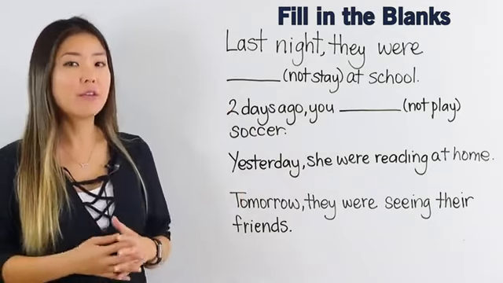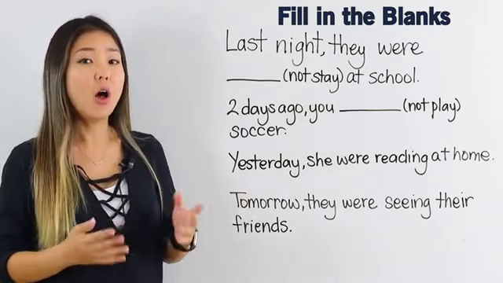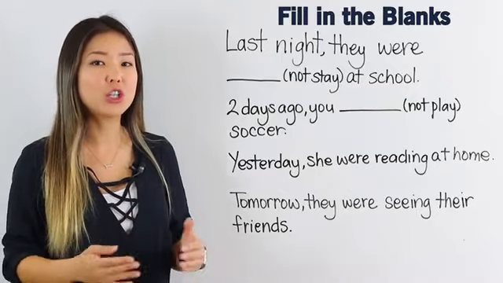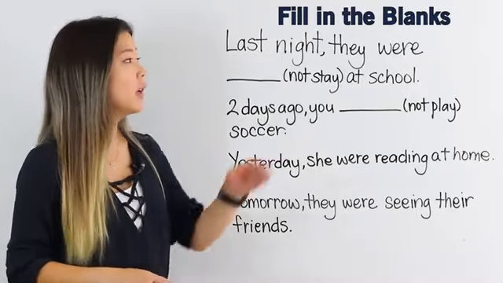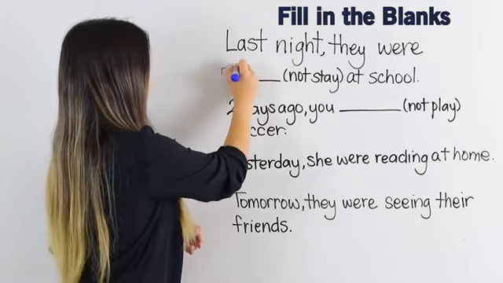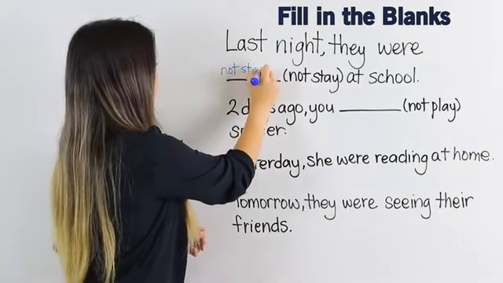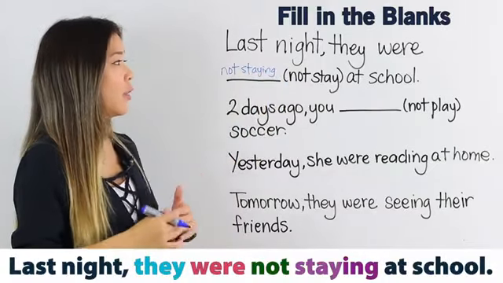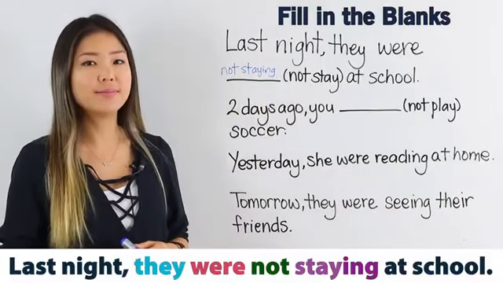Remember, for the negative of the past continuous, all you have to do is put not and then verb ing after the be verb. They were not staying at school. Last night, they were not staying at school.